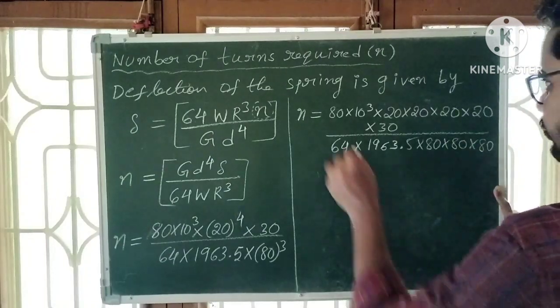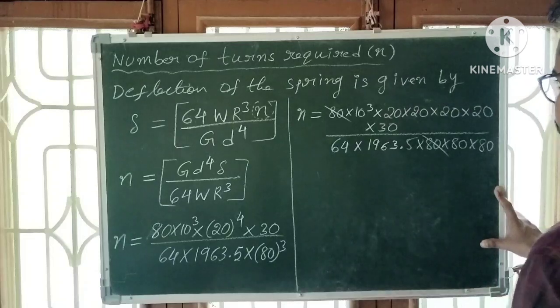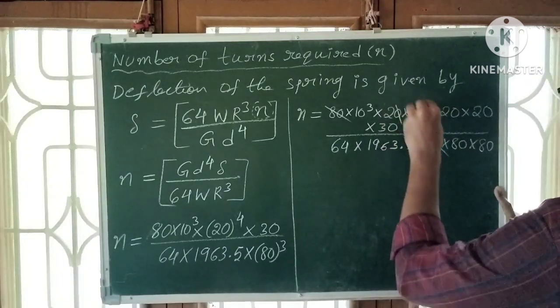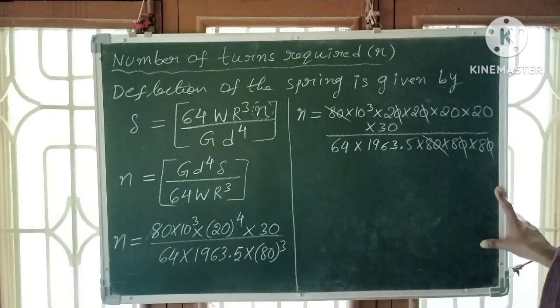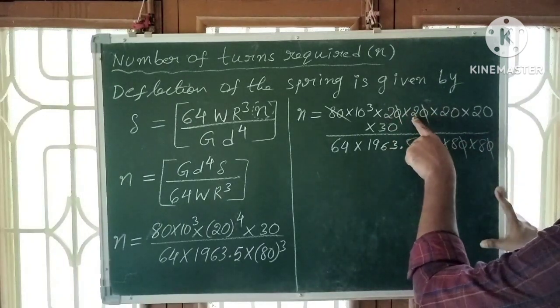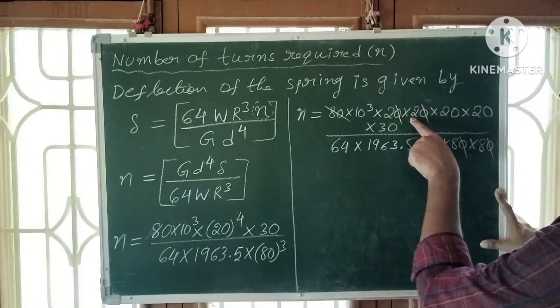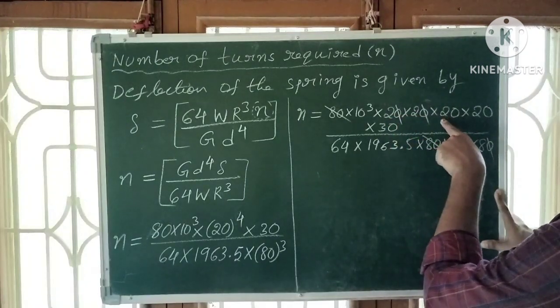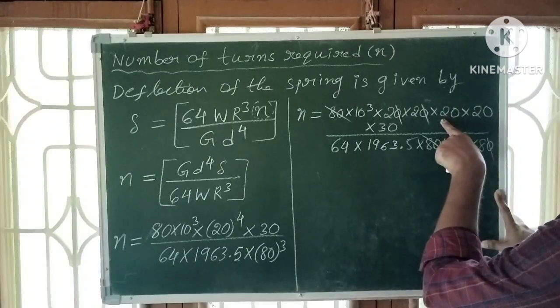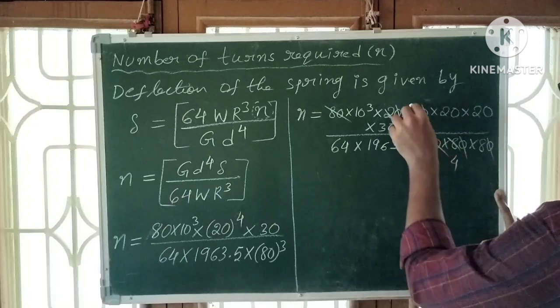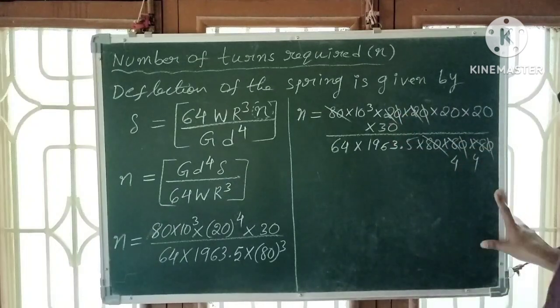See, 80 gets cancelled. Next, the zeros get cancelled.